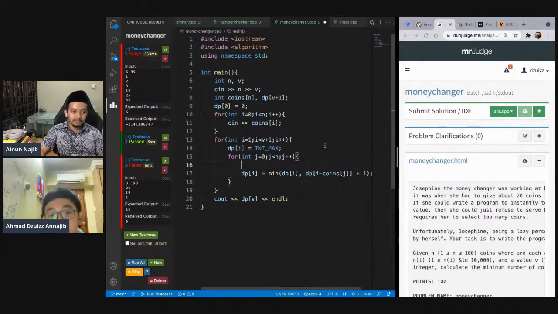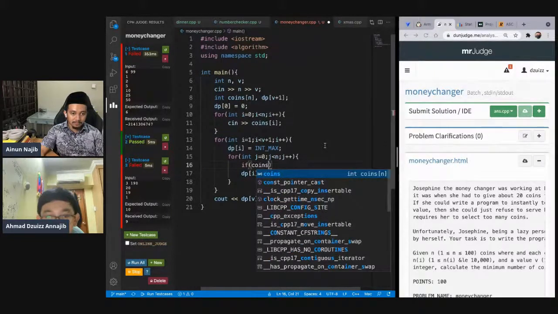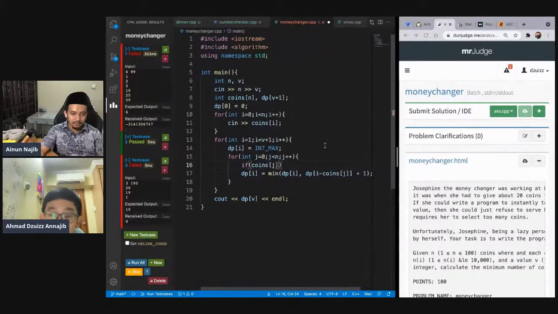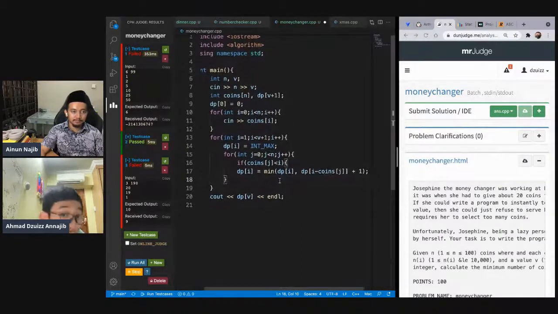So that means you need to make sure that it's smaller. So how do you make sure? If coins j smaller than i. Is it smaller or smaller than or equal? You need to be very careful whenever you put a sign like that. You need to think of the corner case.